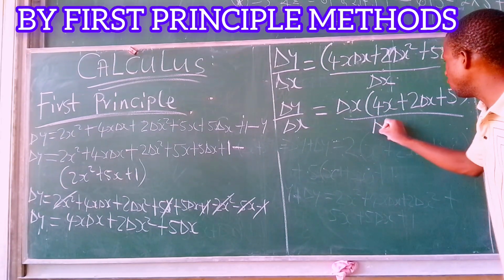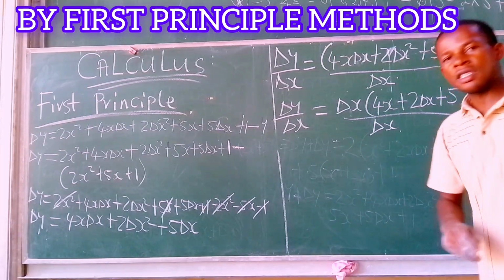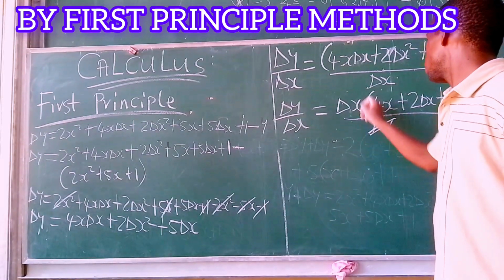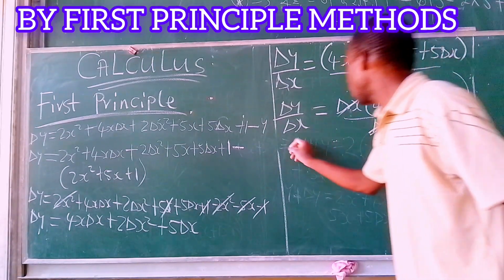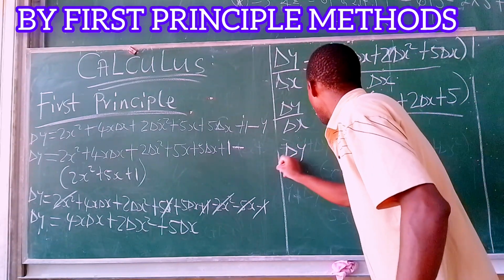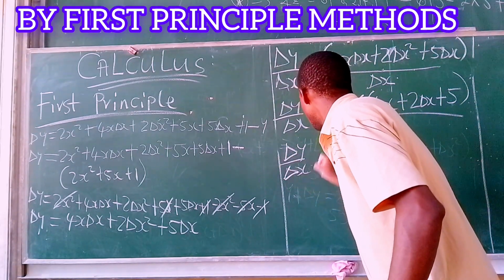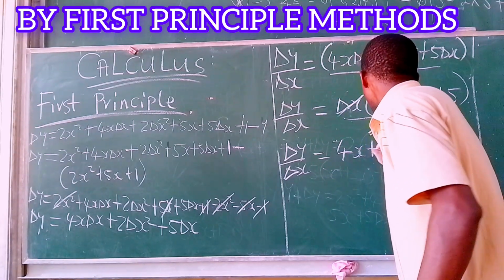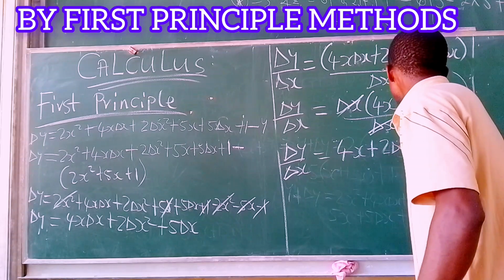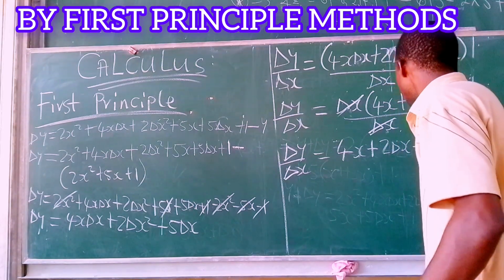Then we have dx here, right? Now at this point, you know that this dx can cancel this dx. That's nice. Now our capital dy over dx is going to give us 4x plus 2 dx plus 5.